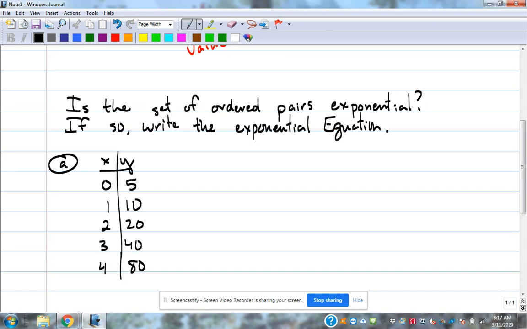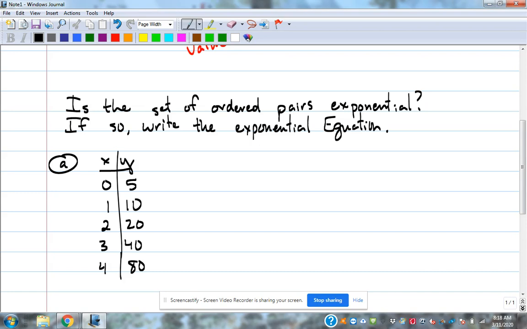If it's linear, what should the slope be for two different sets of ordered pairs? Should be the same, right? So if I did that with this, 10 minus 5 is 5, 1 minus 0 is 1, so that's 5 over 1. But if I go to this ordered pair, 40 minus 20 is 20, 3 minus 2 is 1, that's not 5, so that's not linear.